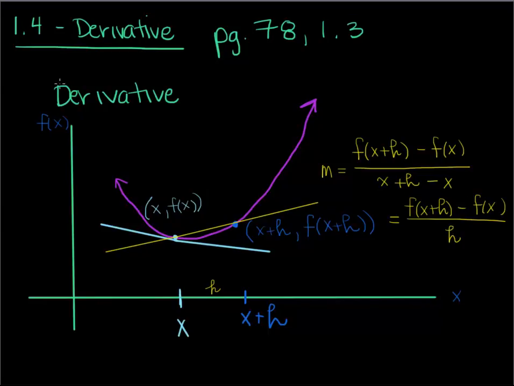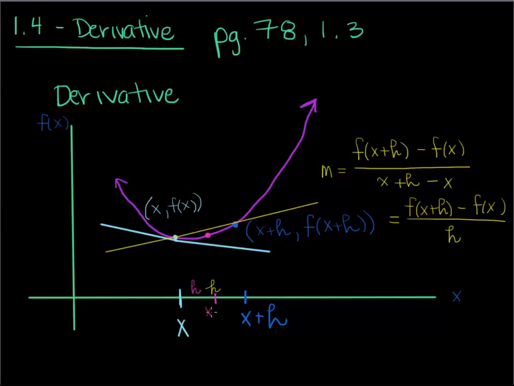Okay, well, how could I get a better point? You're right, I'm pretending that you are talking to me. What if I wanted to find a better approximation of this tangent line right here? Well, what if you took a point that was closer now? What if your new h was smaller?